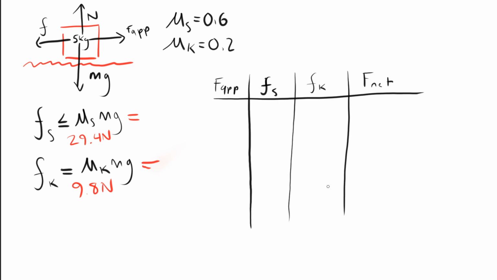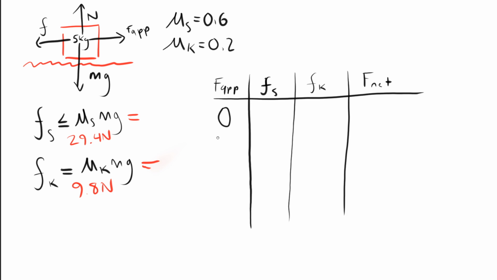Okay, so in your document, what you're going to see is that we want to consider what's going to happen if the applied force is 0 newtons. I'm not going to use my units here because I think it'll be easier to see without units.